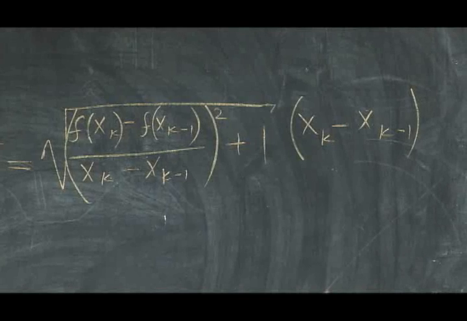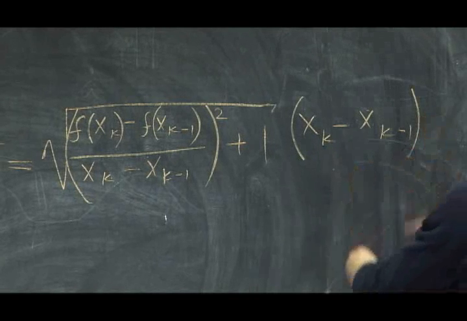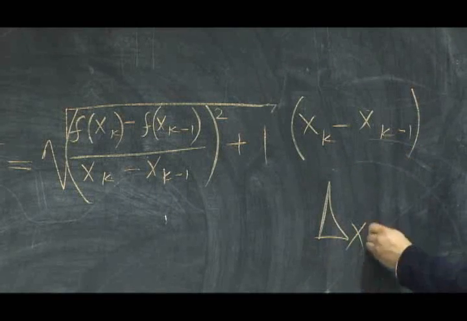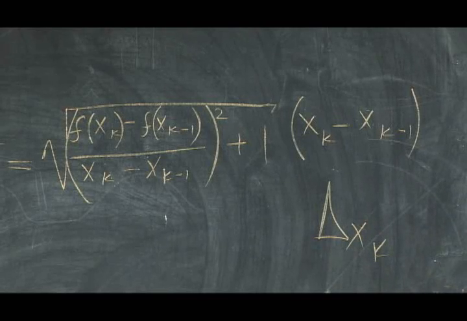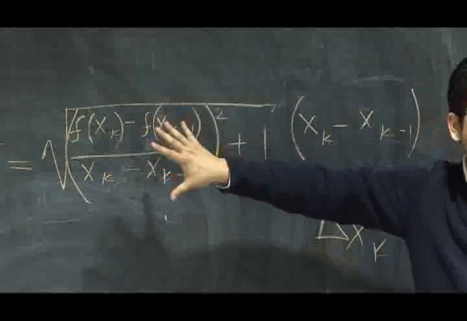Does that make sense? Great. So I got the delta x k part, and the rest is going to be my integrand.